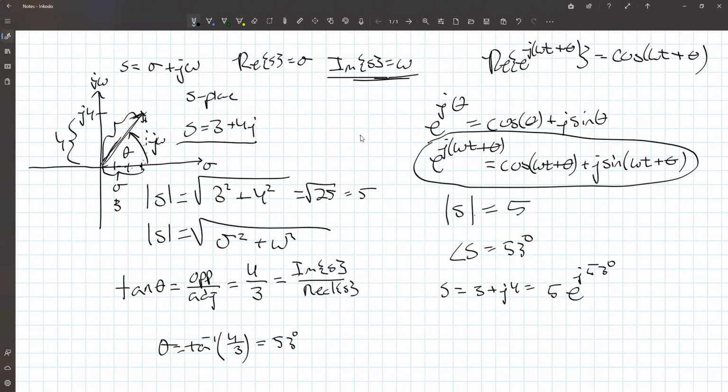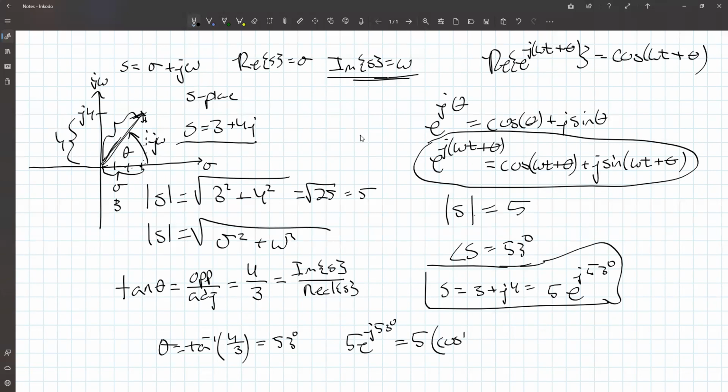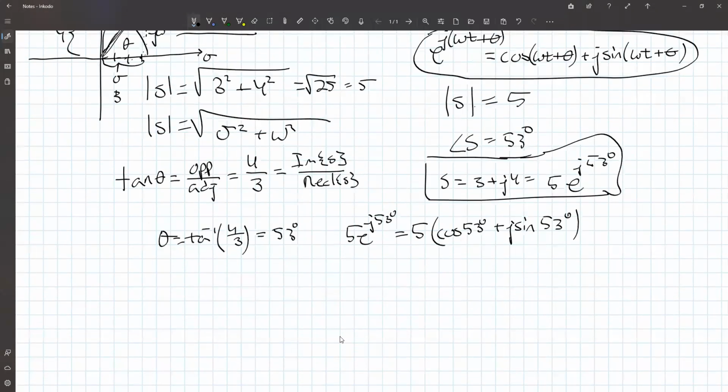But back to the example real quick. I can write this like this. If I wanted to expand this part here, 5 times e to the j times 53 degrees, I'm going to have 5 times cosine of 53 degrees plus j sine 53 degrees. Keep working through it, we'll have 5 times the cosine of 53 degrees, I'll plug that into my calculator.